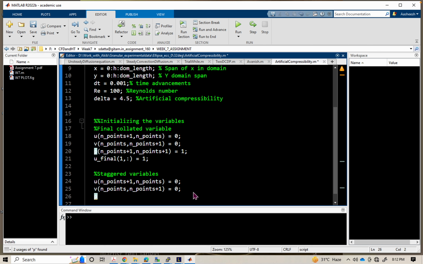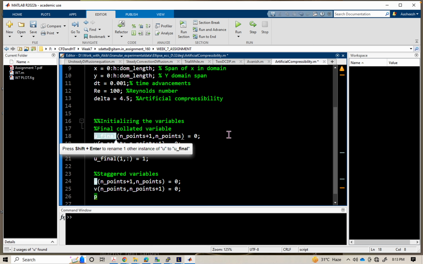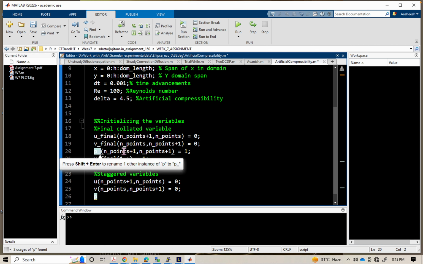So I have not written. Okay, I think I have put something wrong here. Yeah, this is u final, not u. The code here, final. V as V final. So finally means whatever we are getting, and P as P final.